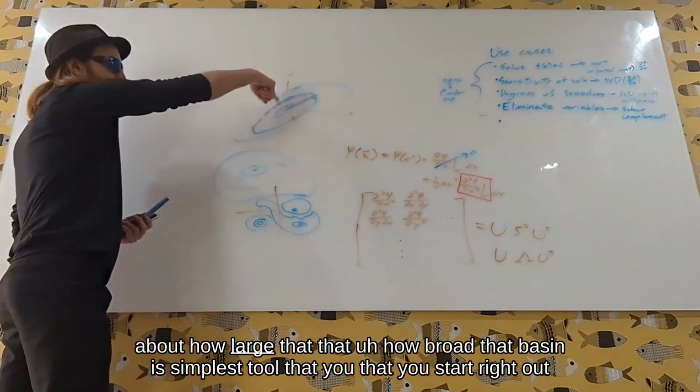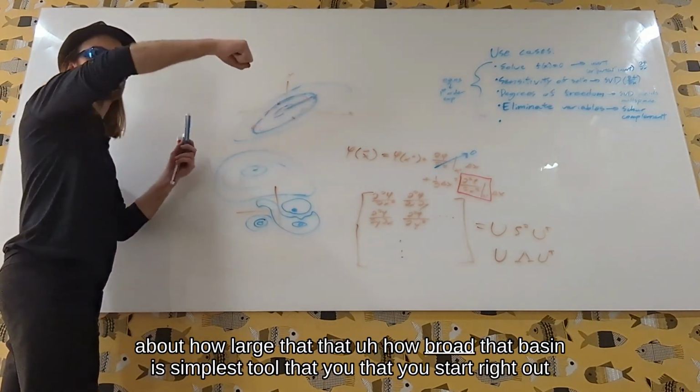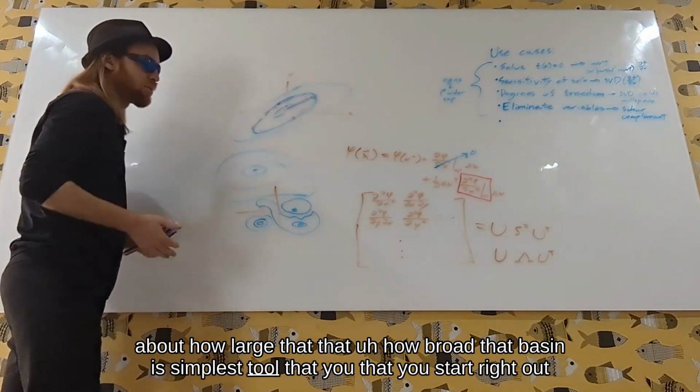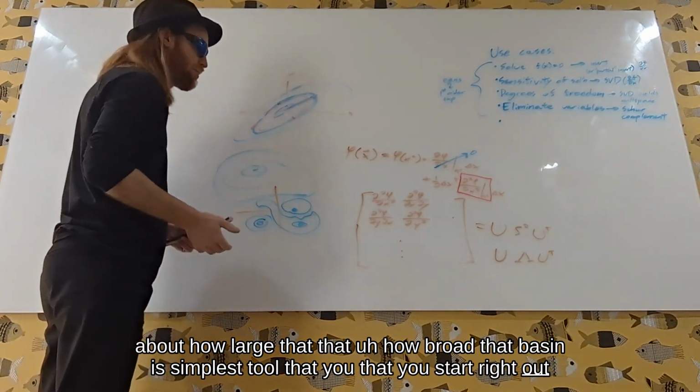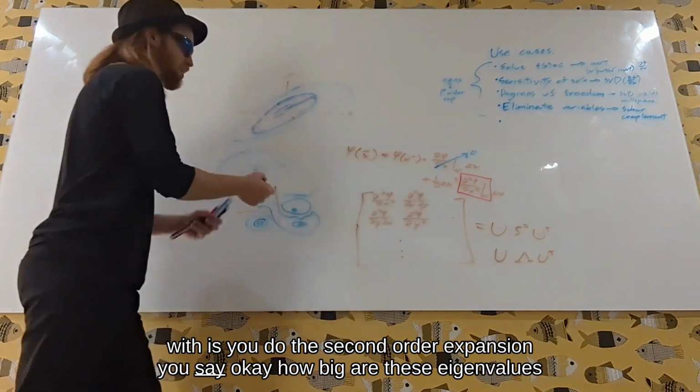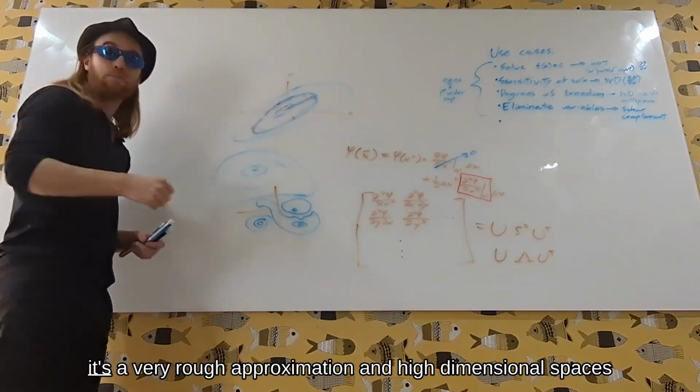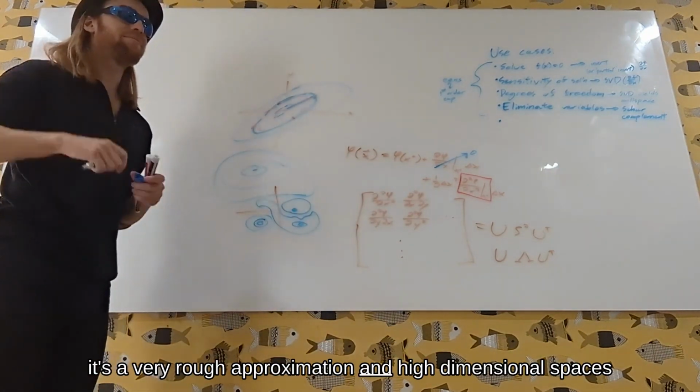Well, if you want to talk about how broad that basin is, the simplest tool that you start right out with is you do the second order expansion and you say, okay, how big are these eigenvalues? It's a very rough approximation in high dimensional spaces.